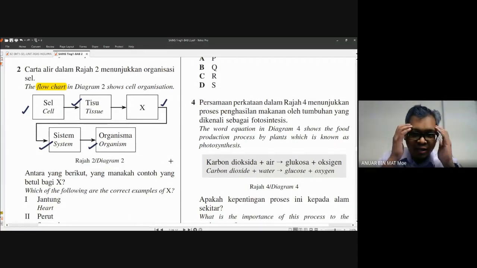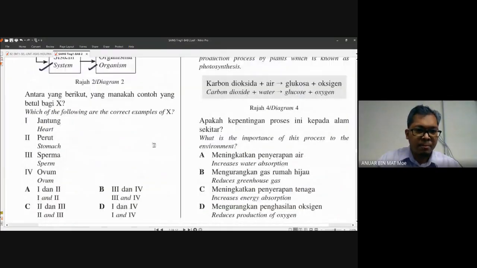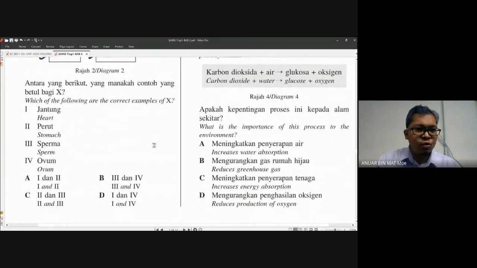So in your mind, if you already learned this, this is what we call cell organization. Okay. So this multiple choice question gives you 2 correct answers. So you must choose 2 correct answers. This type of question, you must choose 2 correct answers.